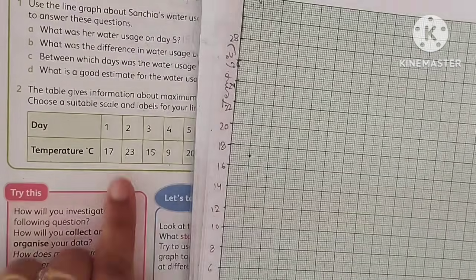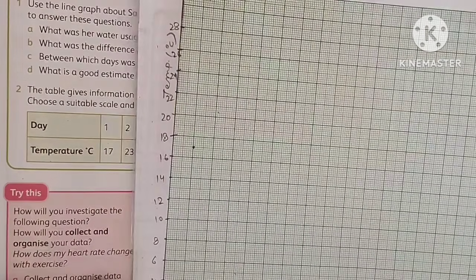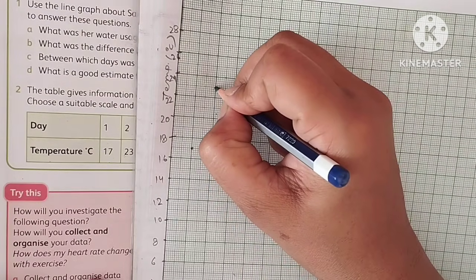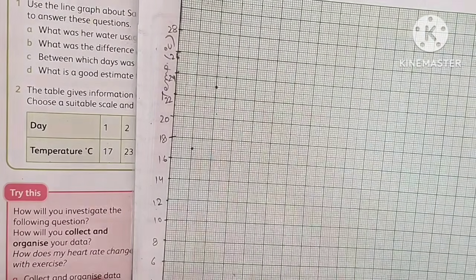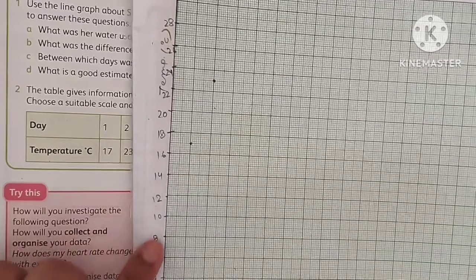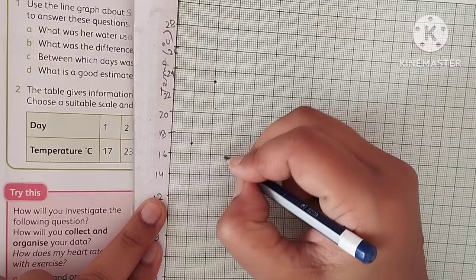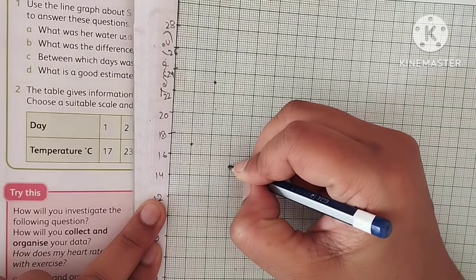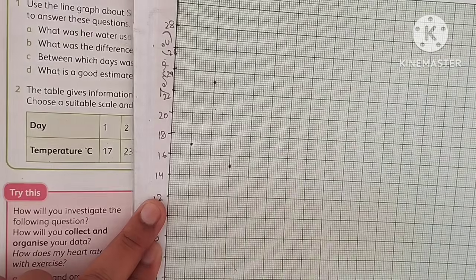Okay. The next it is saying 23. So on the second day the temperature was 23. That means it will lie between 22 and 24. The third day it is 15. The 15 will lie between 14 and 16. So this is my 3 line and I need to mark 15.